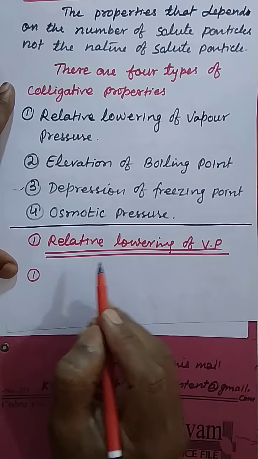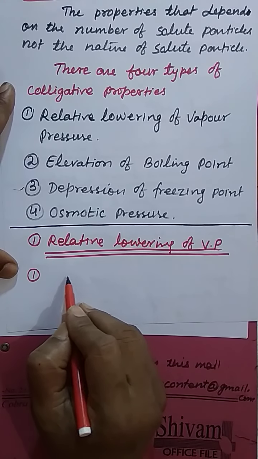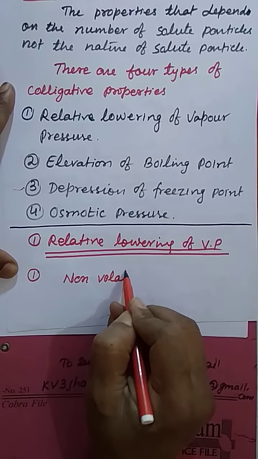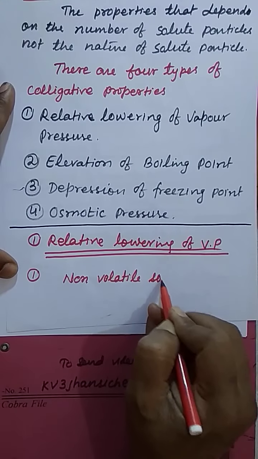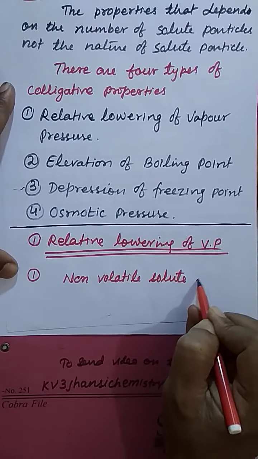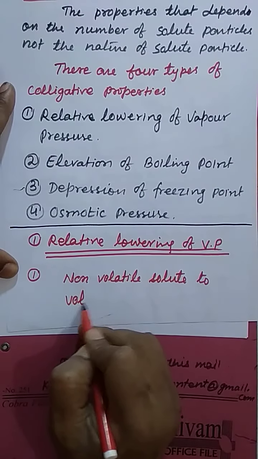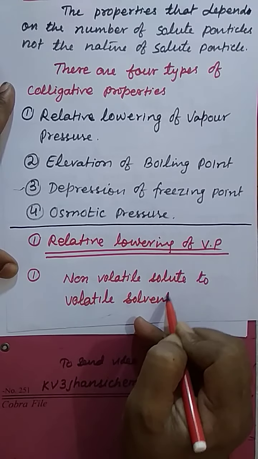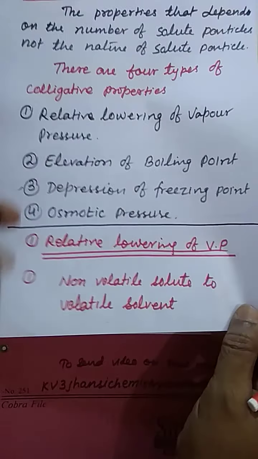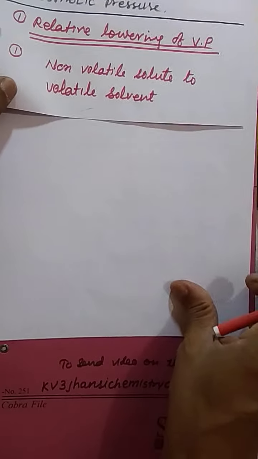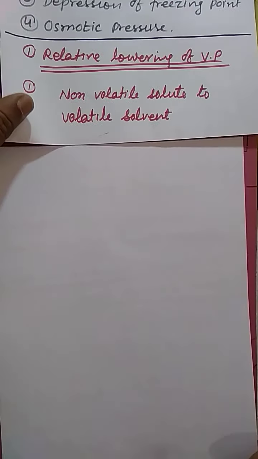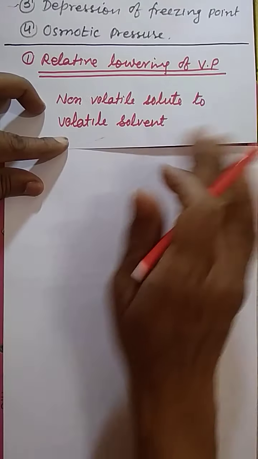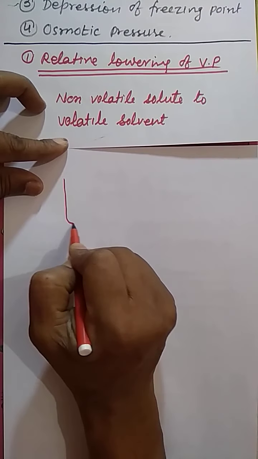Number 1, suppose we add non-volatile solute to volatile solvent, then what happens? Its vapor pressure increases or decreases? So you think it over. Now we draw the diagram like that.